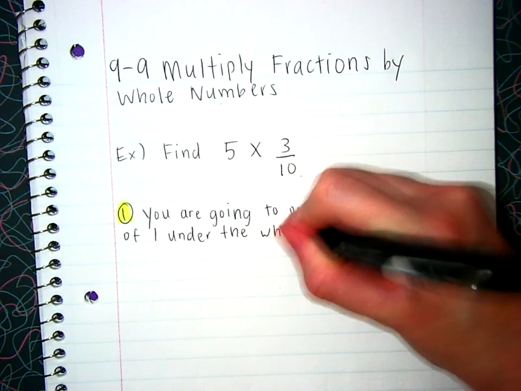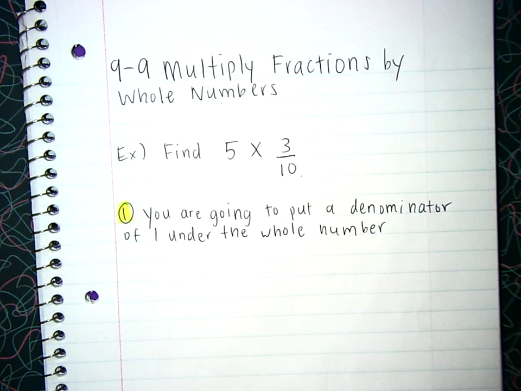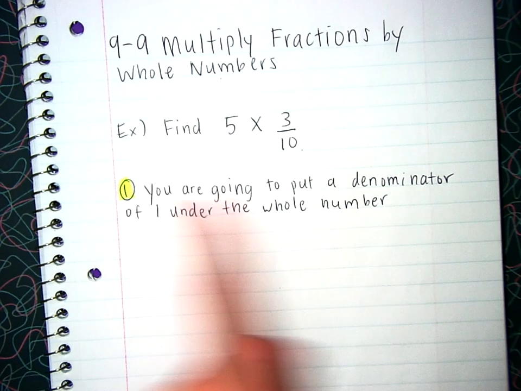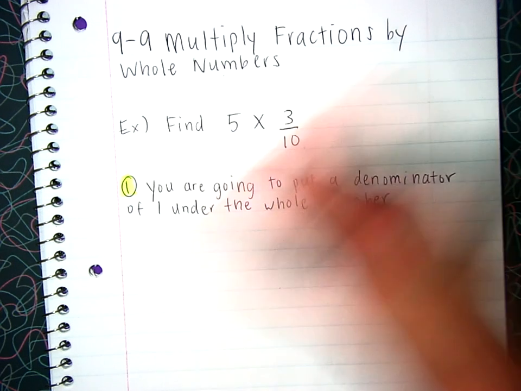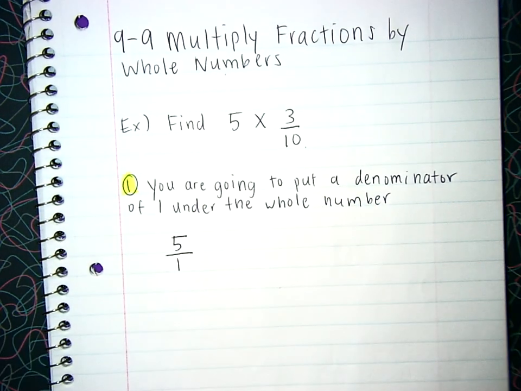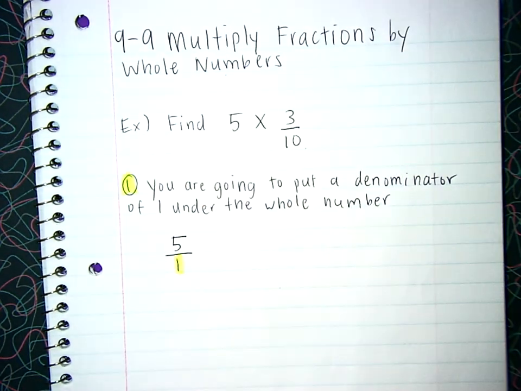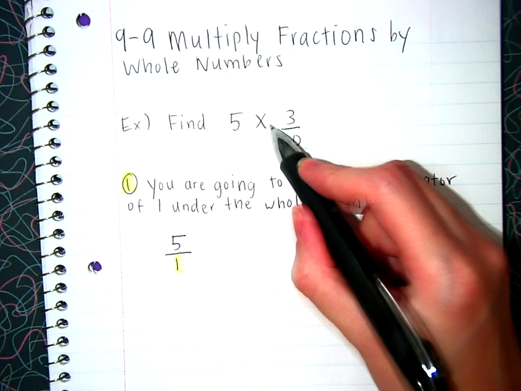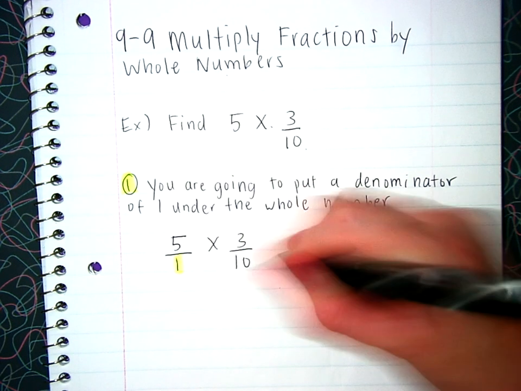This is for any problem that you are multiplying, not just this one. So in this case, our whole number is 5. So if I look here at my directions, you're going to put a denominator of 1 under the whole number. So this would look like this, 5 over 1. So that's me putting the 1. I'll put that there to remind me. Then you just go ahead and copy the fraction again. 5 over 1 times 3 over 10.